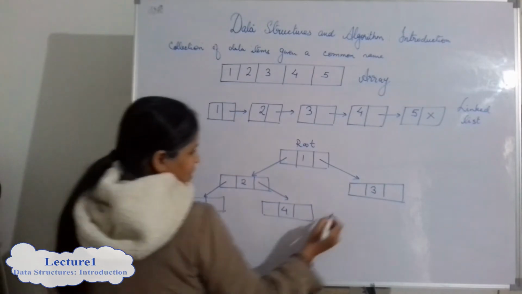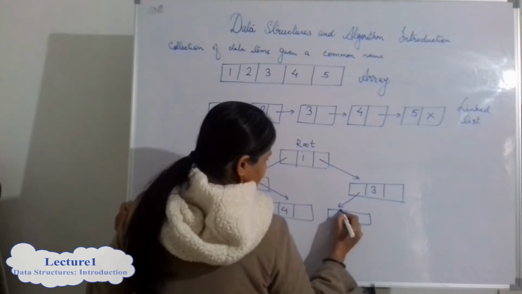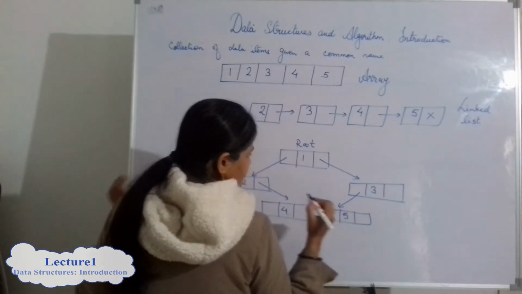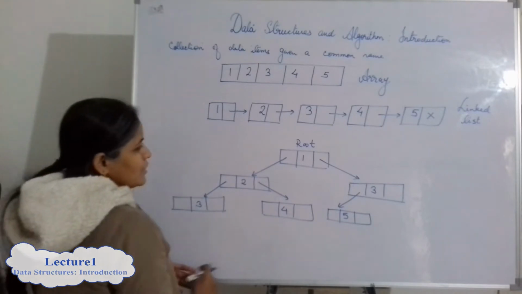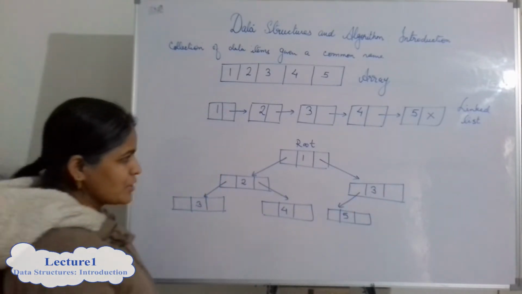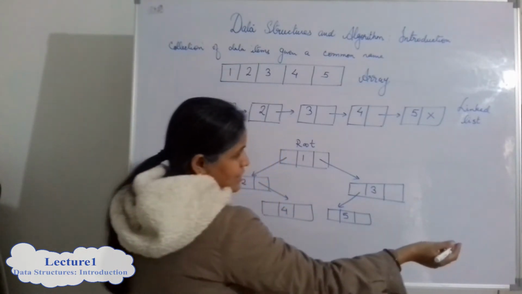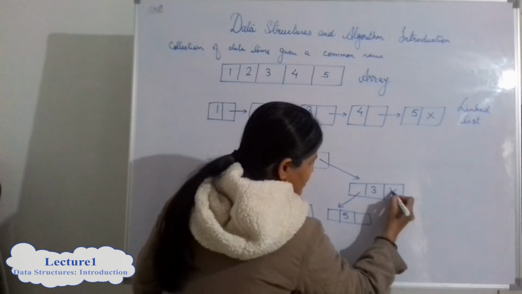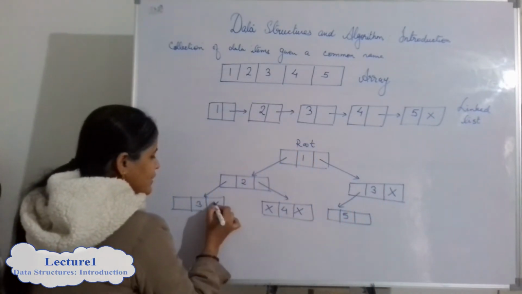And next element may be 5. 1, 2, 3, 4, 5. Okay. There are only 5 elements in the list we have assumed. So, no element is present on right side. So, it stores null, null, null and null.